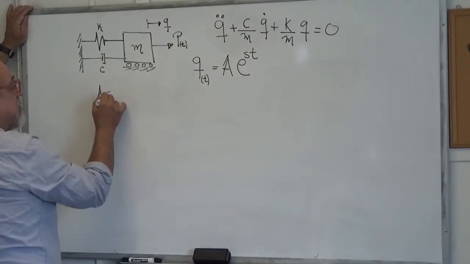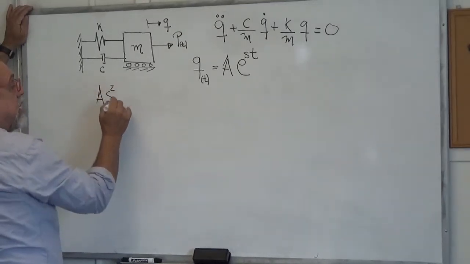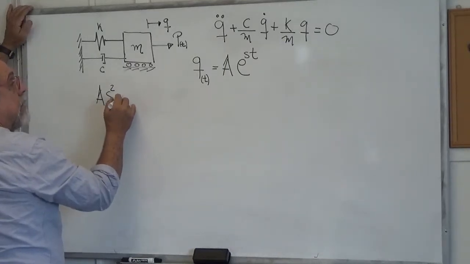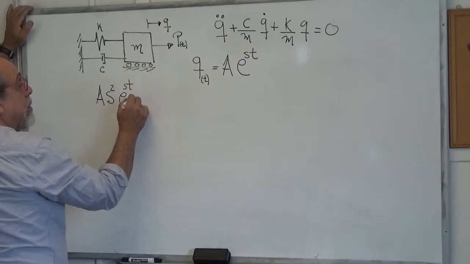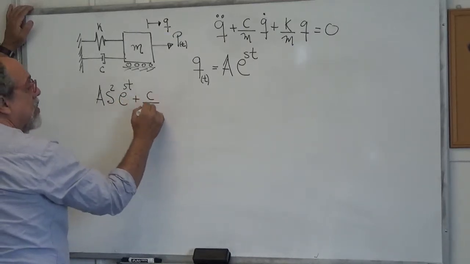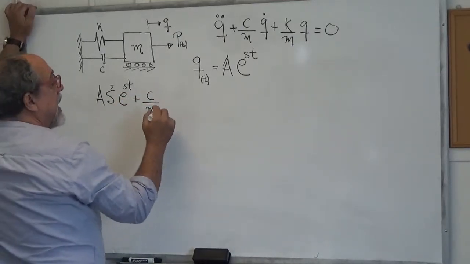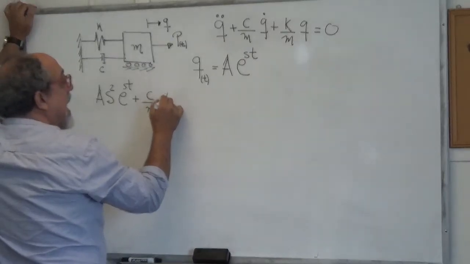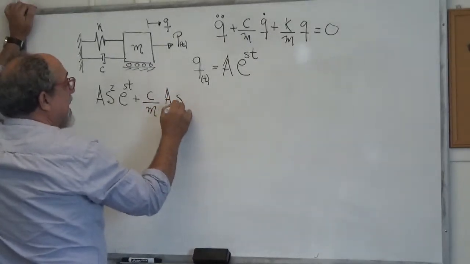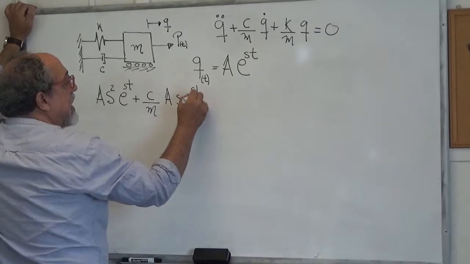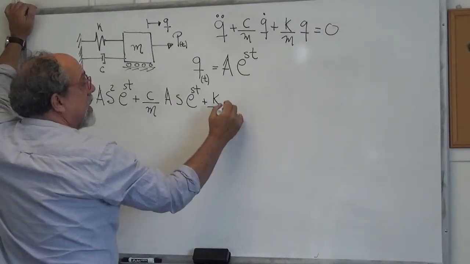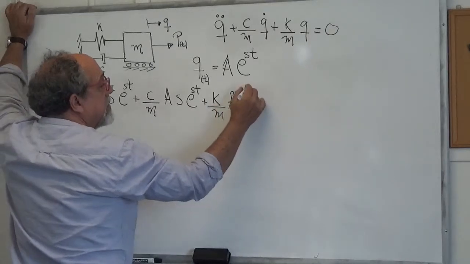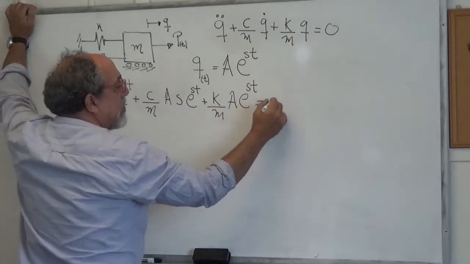And so it immediately follows that taking one derivative and two derivatives and substituting in the equation, we would have a times s squared times e to the st plus c over m times a times s times e to the st plus k over m times a times e to the st, and all of that would be 0.